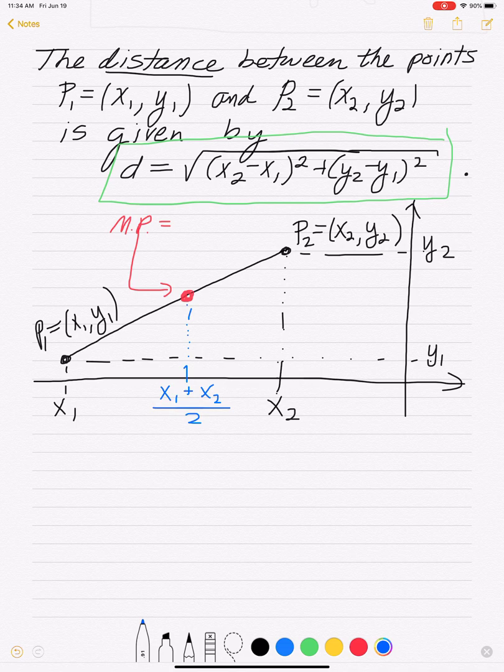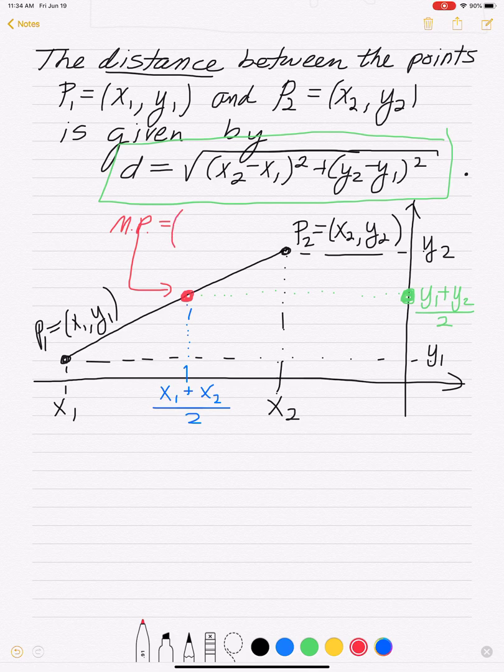All right, and then you go back to your midpoint again, the red point, and you trace it back to the y-axis. And you ask, hey, what number is halfway between y1 and y2? Well, the average of y1 and y2, which is y1 plus y2 divided by 2. So you put those together and you get your formula for the midpoint.